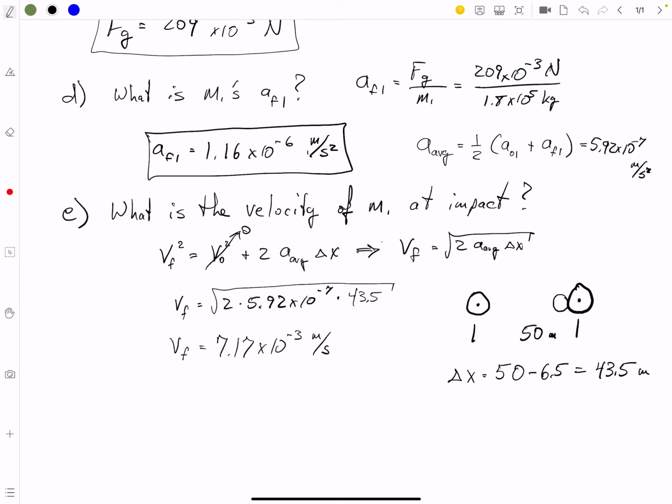It's so slow that they're probably going to touch each other and then just stick basically like this. There's not a lot of momentum. There's not a lot of deformation going to happen. So the two objects will just kind of stick together like that. And that's pretty much the end of it. That's the way they'll be for a long time.